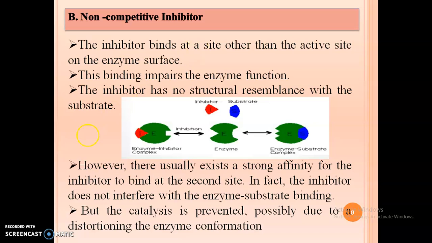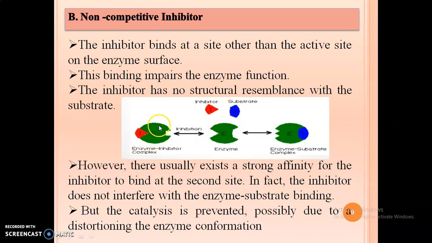Now, here, this is your enzyme. This is your inhibitor. This is your substrate. So inhibitor and substrate don't have any structural similarity, right? And your inhibitor binds to a site other than the active site. So here, this is your active site where your substrate is going to bind, and this is the other site. Now, this is your enzyme, and your inhibitor binds to your enzyme here.